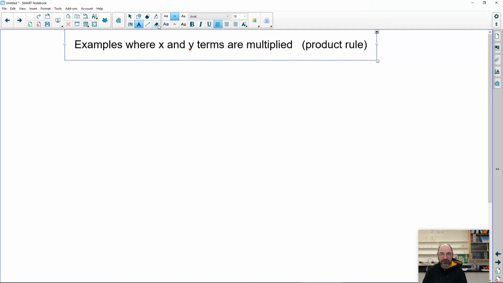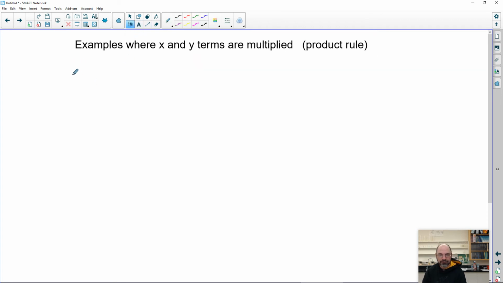So let's say that my example is 3x squared y. And I want to get the derivative, dy dx, pardon me. So let's make it a little more complicated. Let's put a cube in there so that we have a derivative there as well. So we've got to remember that we can treat this as the first term and this is the second term.